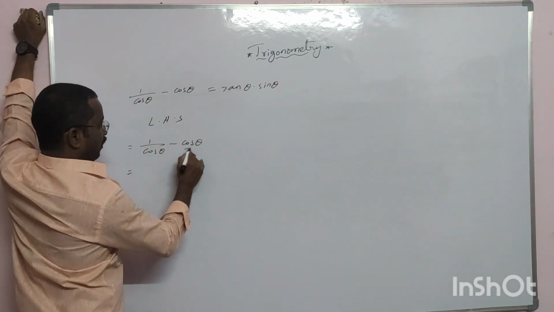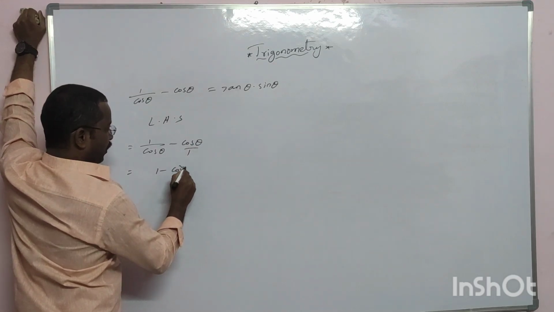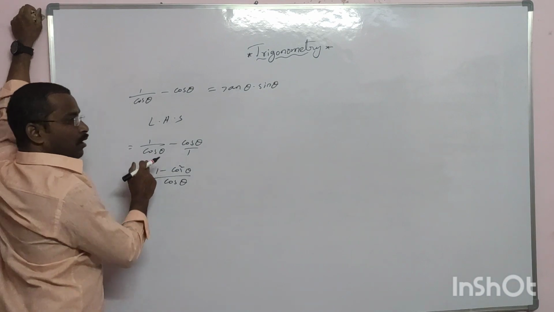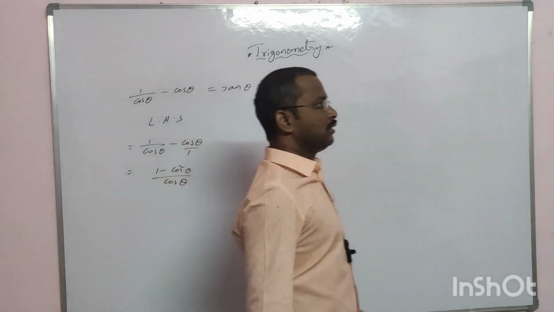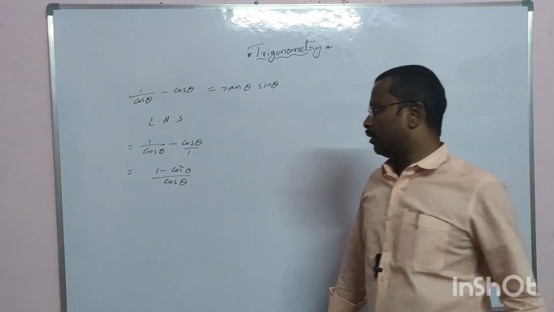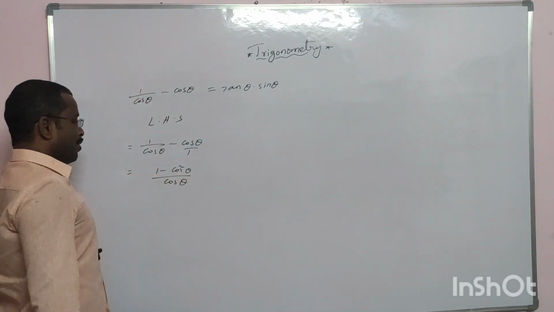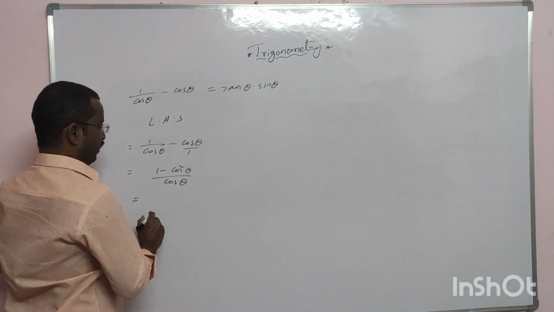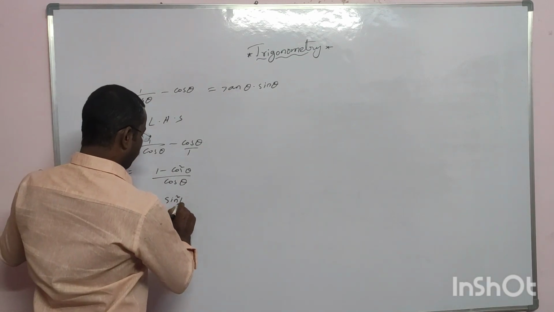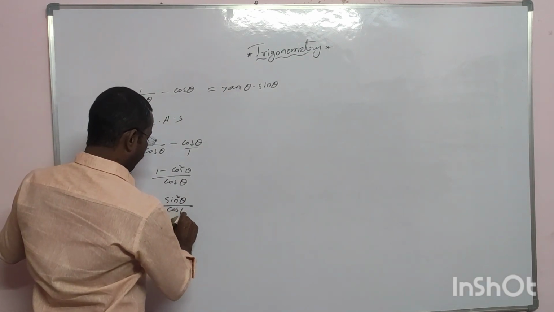What shall I write as per the LCM? 1 minus cos square theta by cos theta, because cos theta into cos theta. Okay, so 1 minus cos square theta can be written as sin square theta. Is it right? Sin square theta by cos theta.